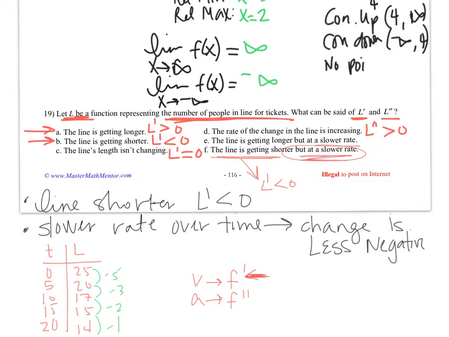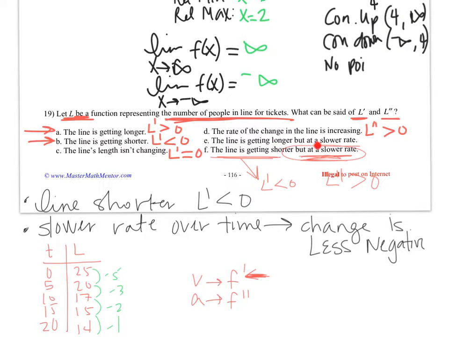But at a slower rate, that means that the second derivative has to be the opposite sign, because when these are opposite signs, it slows the process down. The rate is being slowed down over time. So think about velocity and acceleration here.